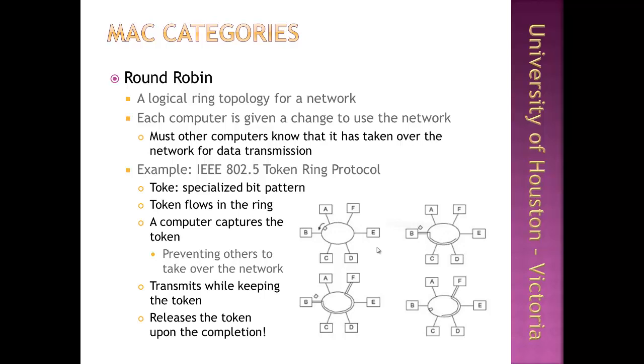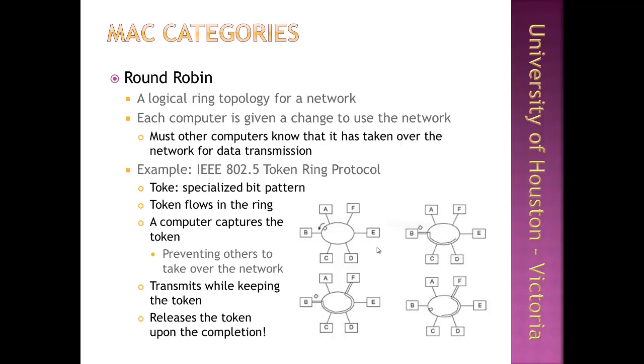If a node takes over the network to transmit to another receiver on the network, it must let all the other nodes know that it has control of the network, and then it transmits its data, and then it can release the network control to other nodes. The access to the network is now open, and the next node in the logical sequence is given the opportunity to transmit its data.